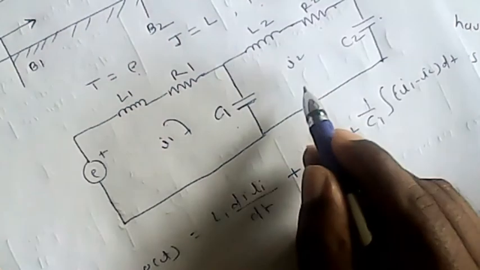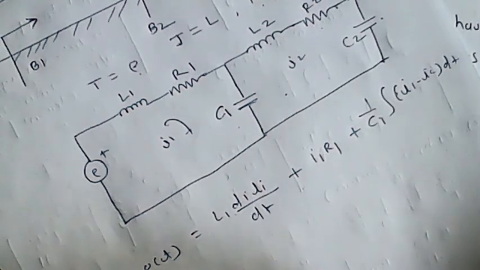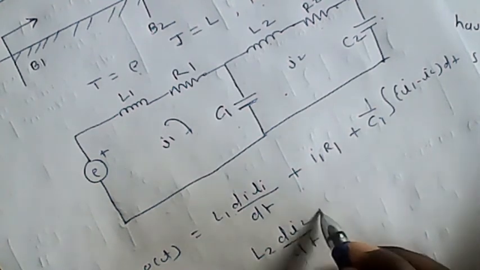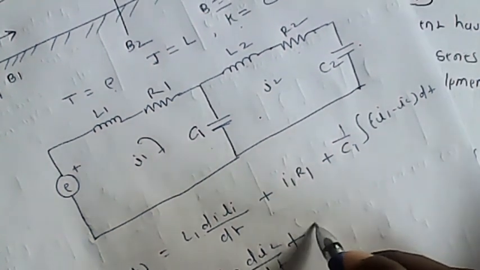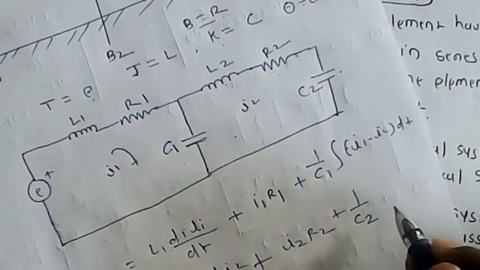Similarly, we write the closed loop equation for the second mesh. Here the voltage source is 0, so we write L2 di2/dt plus I2 R2 plus 1/C2 times the integral of I2 dt, plus, since there is a common element, 1/C1 times the integral of (I2 minus I1) dt.